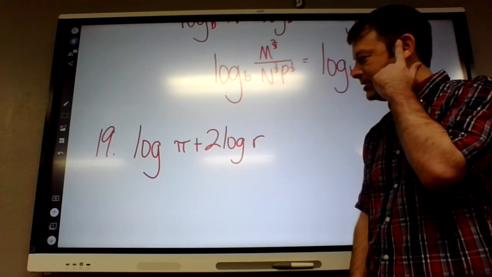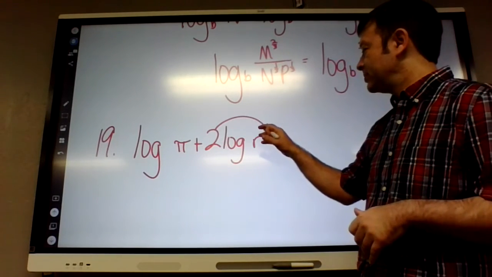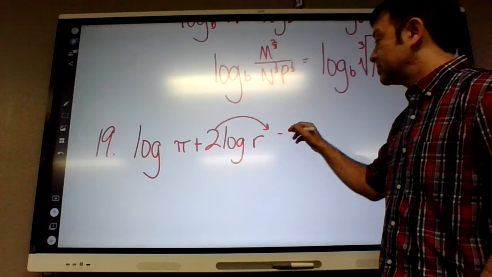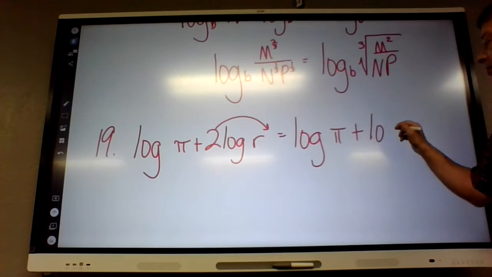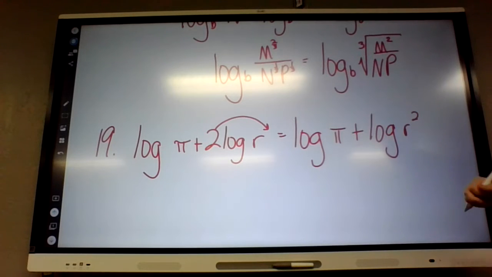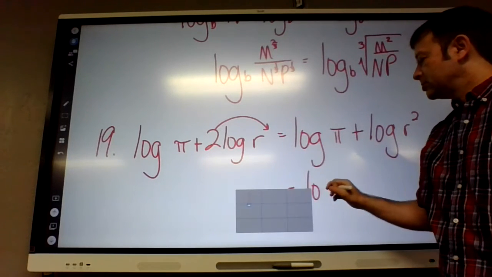They kind of went back to easy on us, I feel like. So the 2 goes up here as an exponent. So this is log of pi plus log r squared. And then what do we do with the pi and the r squared? Just multiply them together.